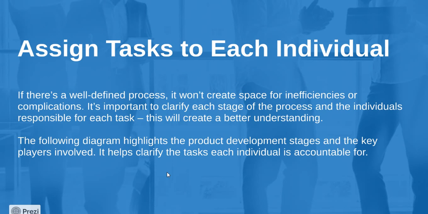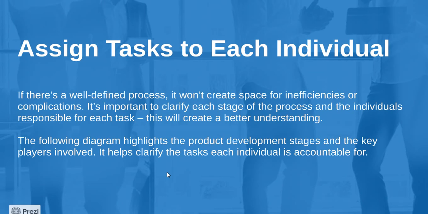Assign tasks to each individual. If there's a well-defined process, it won't create space for inefficiencies or complications. It's important to clarify each stage of the process and the individuals responsible for each task. This will create a better understanding.